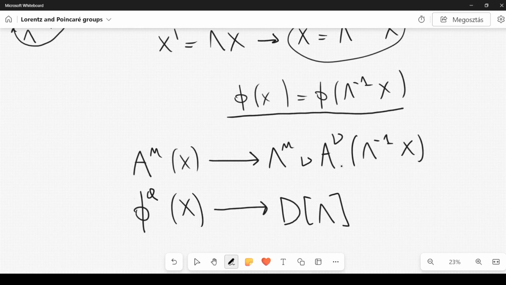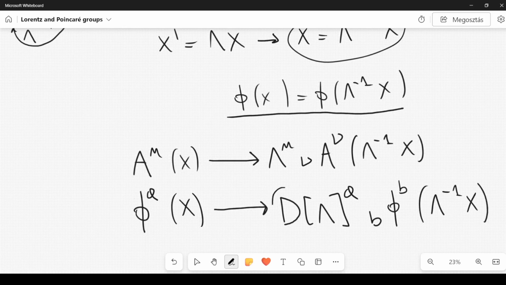I want to give you some better intuition behind this object, but you can think of this still as a matrix. So it has two indices, a and b, and here you have phi b, and similarly you have lambda inverse x.